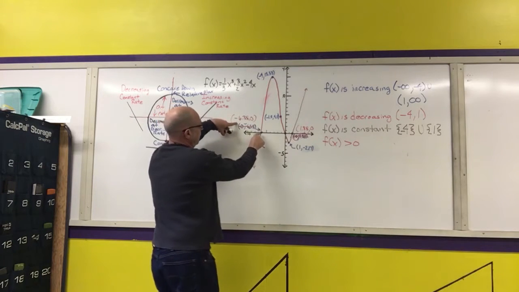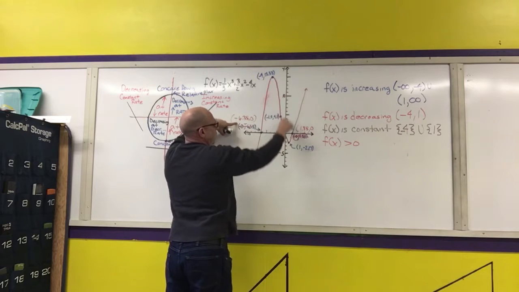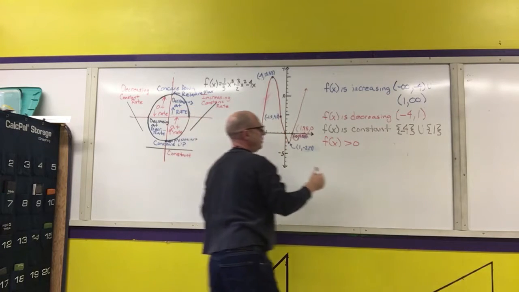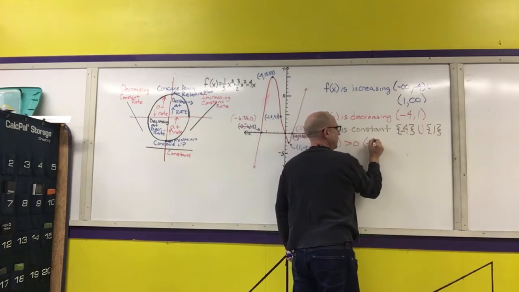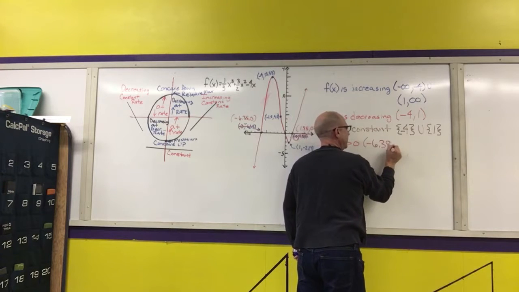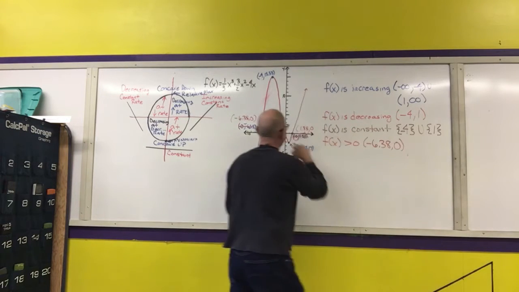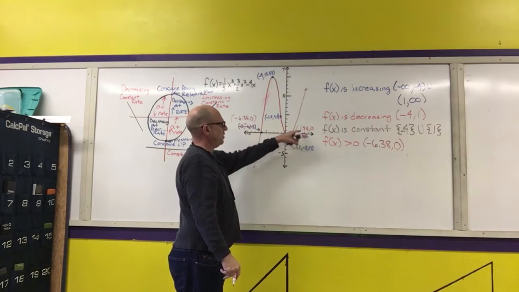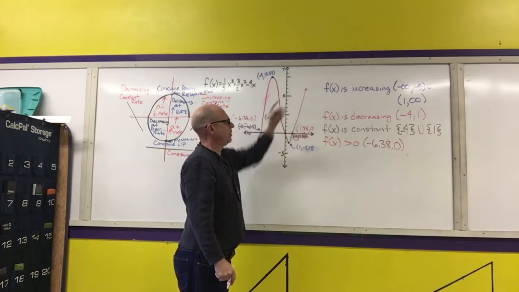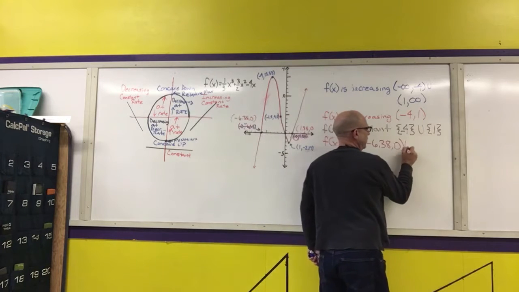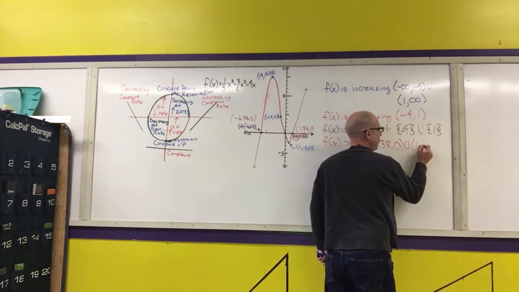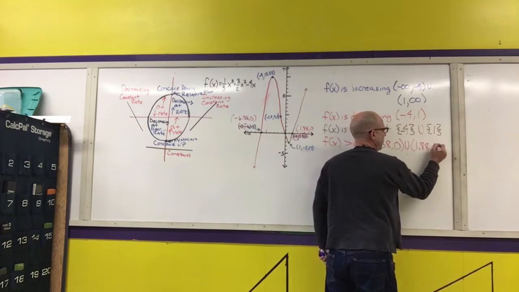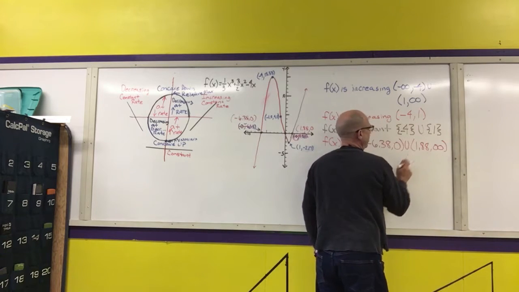So it is positive from -6.38 all the way to the x value of 0. -6.38 to 0, not inclusive because it's 0 at 0, so it's not positive there. And it also is positive from 1.88 to 0. So I'm going to union that with 1.88 and not 0. It goes all the way to infinity.